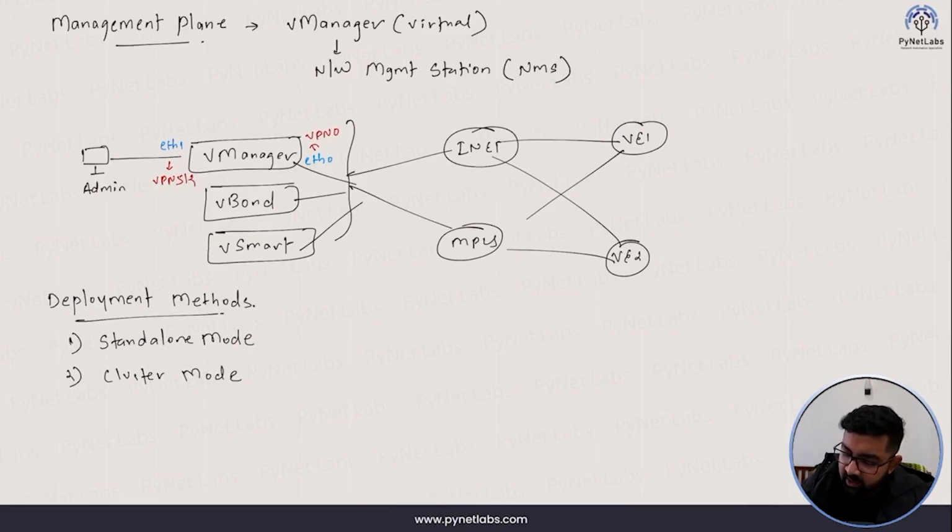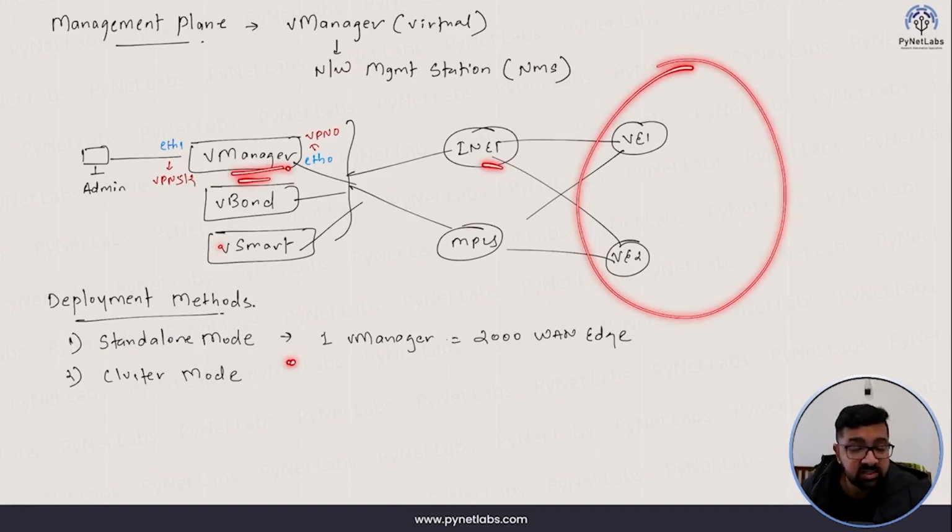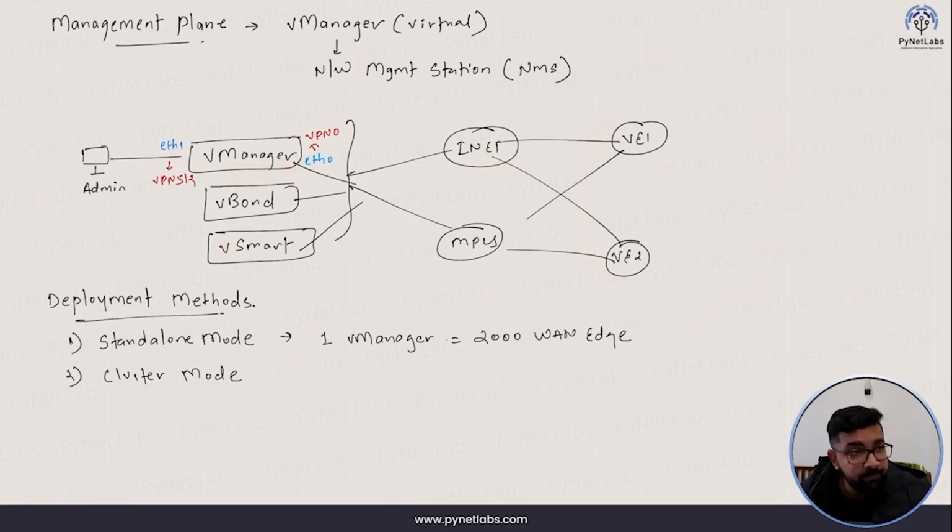In standalone mode, one vManager can manage up to 2000 WAN edge devices, and that's a huge capacity, right? One vManager can manage up to 2000 WAN edge devices in a single production environment, okay?